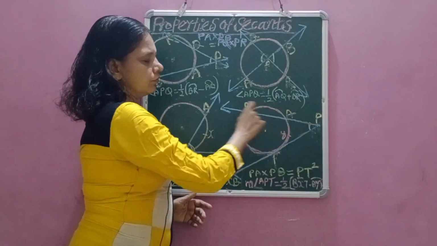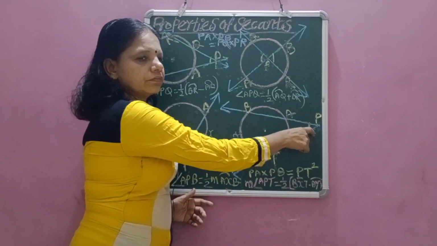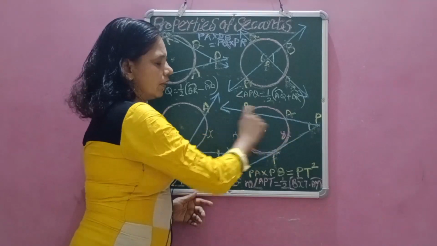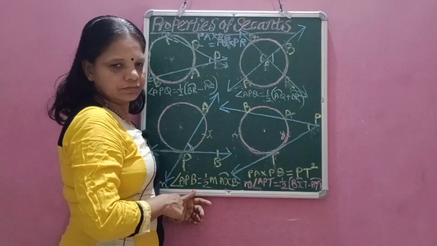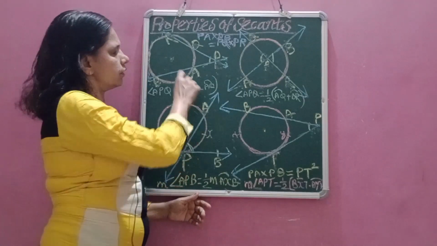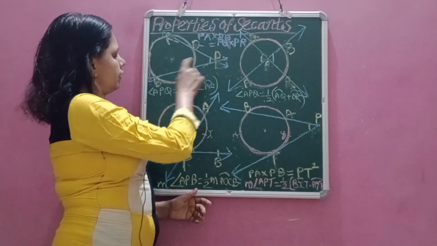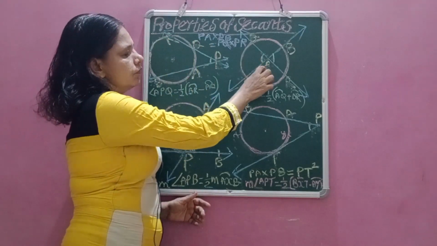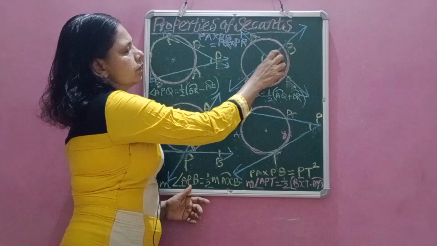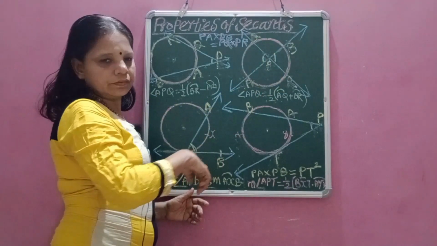Here, two lines intersecting in the exterior. One line is secant and the other line is tangent. So the relation is understood here. PA into PB equals PQ into PR. Here also the same, PA into PB equals PQ into PR.